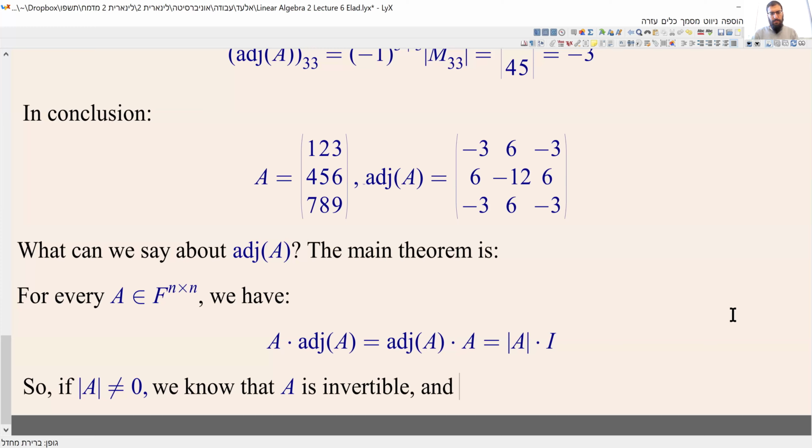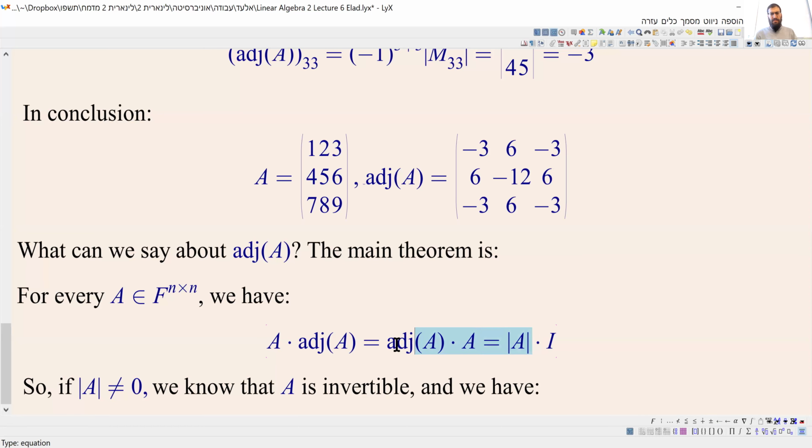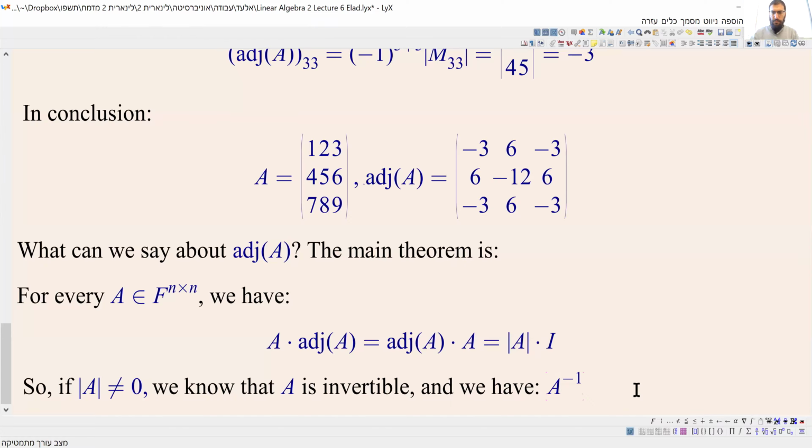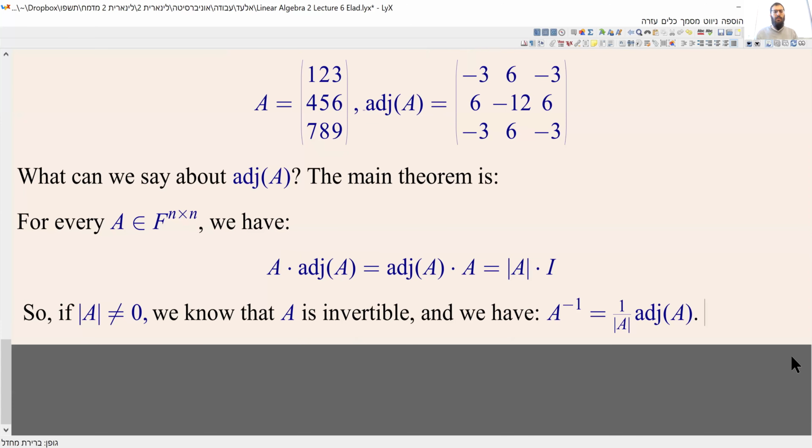And just like the example of Cayley-Hamilton we just did, we can divide both sides by the determinant of A, and the multiplication is I. When the multiplication is I, we just found the inverse matrix. We have that A minus 1 is the adjugate matrix of A multiplied by, or more precisely divided by, the determinant of A.